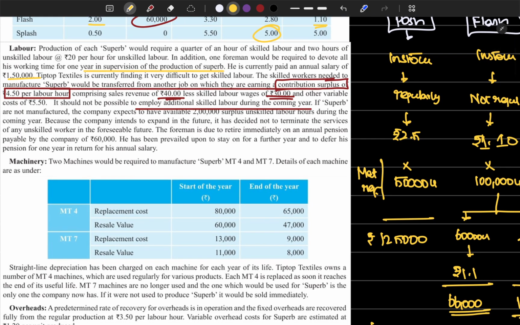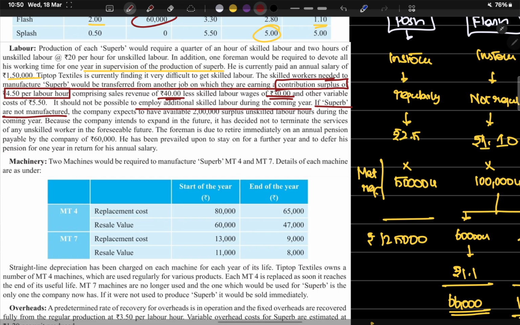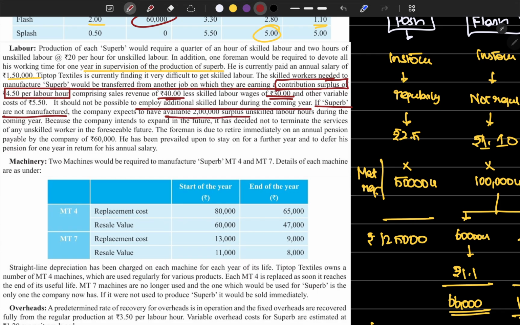If Superb is not manufactured, the company expects to have available 2,000 surplus unskilled labor hours during the coming year, because the company intends to expand in the future. It has decided not to terminate the service of unskilled workers in the foreseeable future.